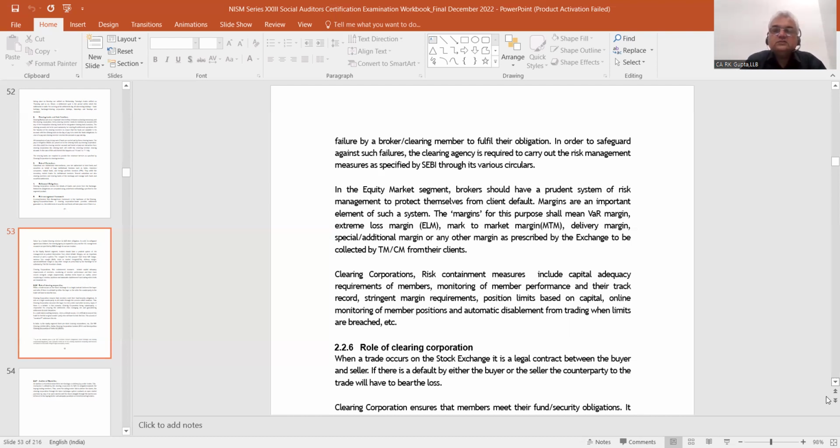So clearing corporations' risk containment measures include capital adequacy requirements of members. Suppose a member defaults, how will that be managed?